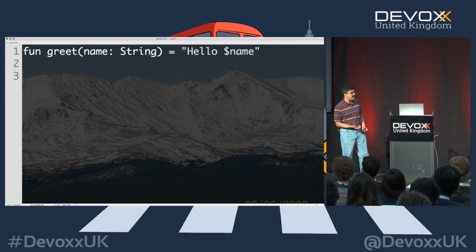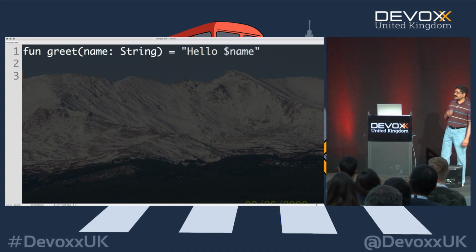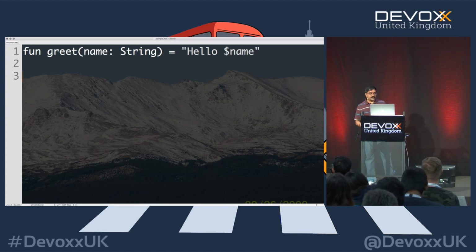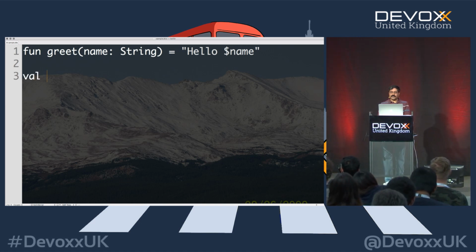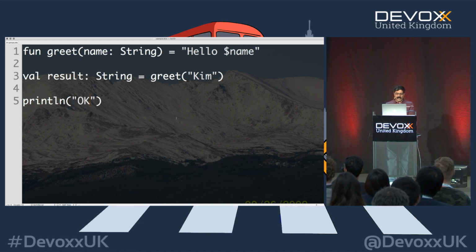The equal simply says this function is returning a value. In this case, we are using what's called type inference. The return type of the function is actually inferred at this point. So as a result, if I were to say, in this case, result: String is equal to greet, and let's say in this case, Kim, and when I compile this code, let's say OK, notice that we don't have any errors.